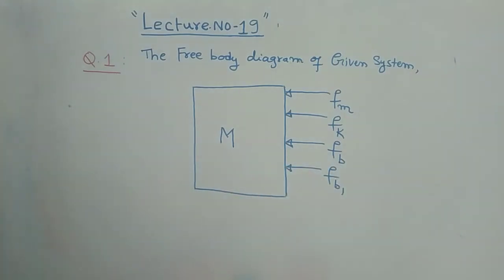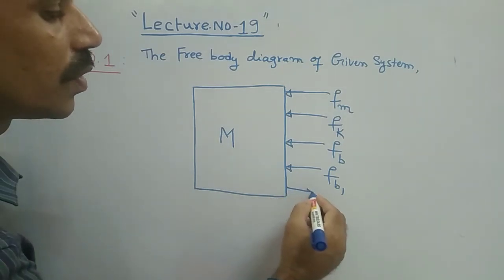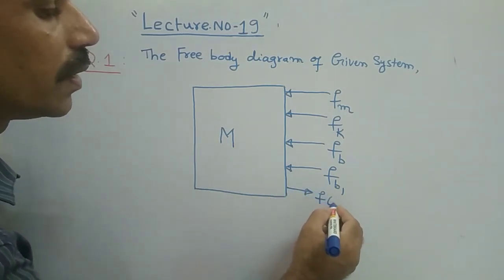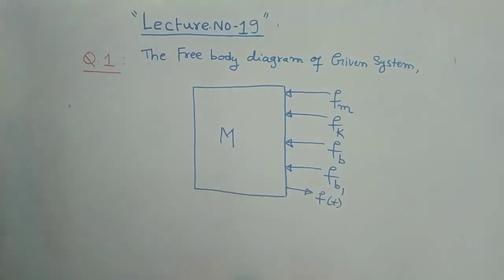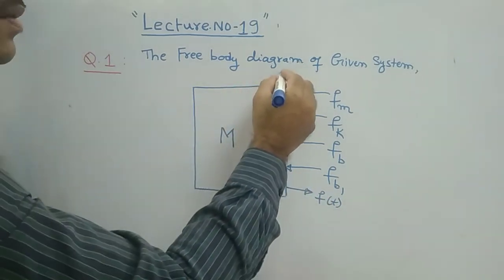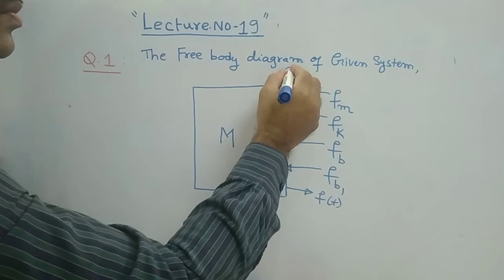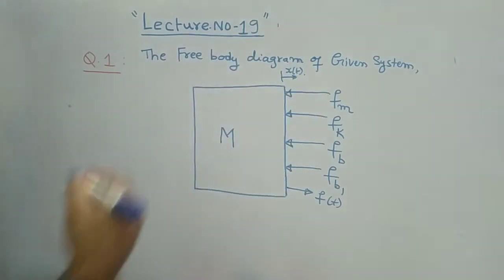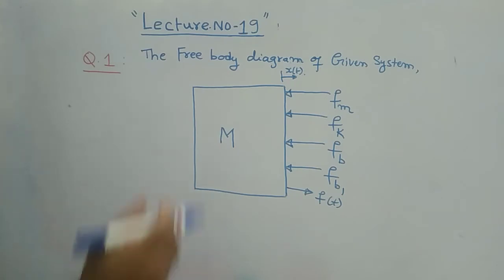Upon this you have f of t, which is your applied force. However, you have to show your x of t as displacement. This is what is called the free body diagram.